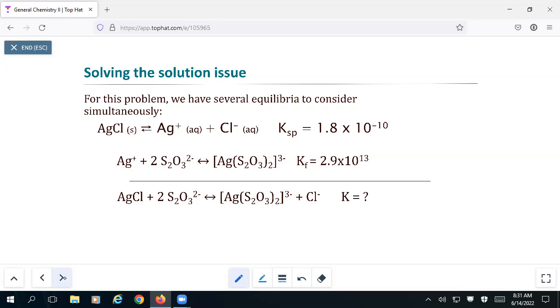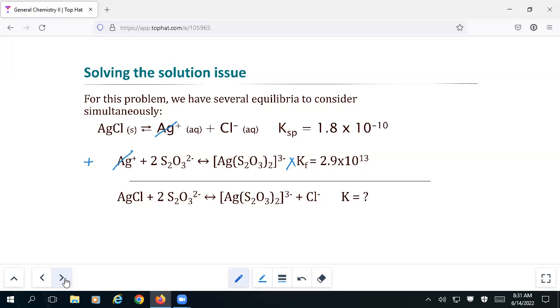And if you remember from earlier on in our equilibrium unit, we know that when we add together two equations, the K values multiply together to give us the K value for the blended equation.